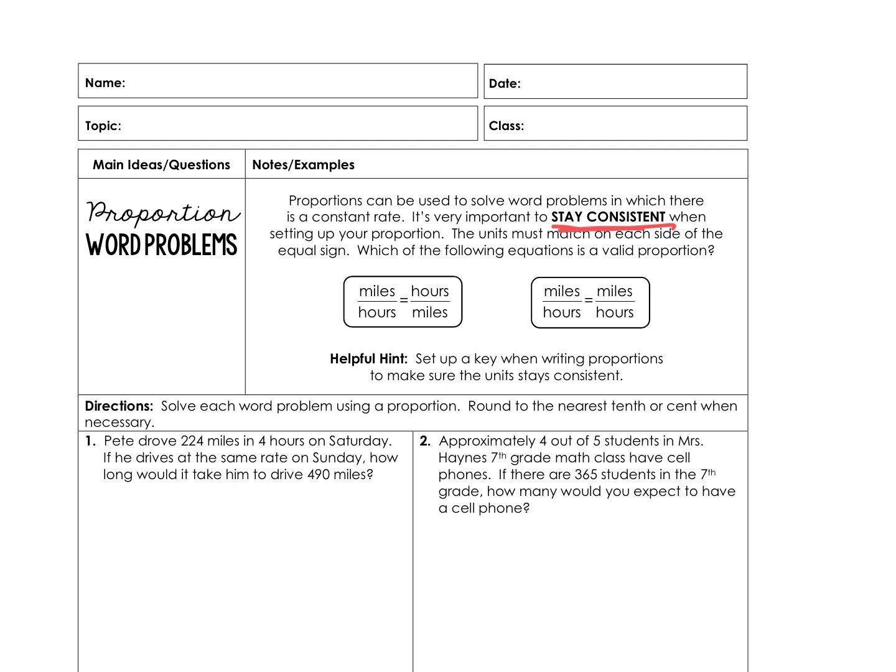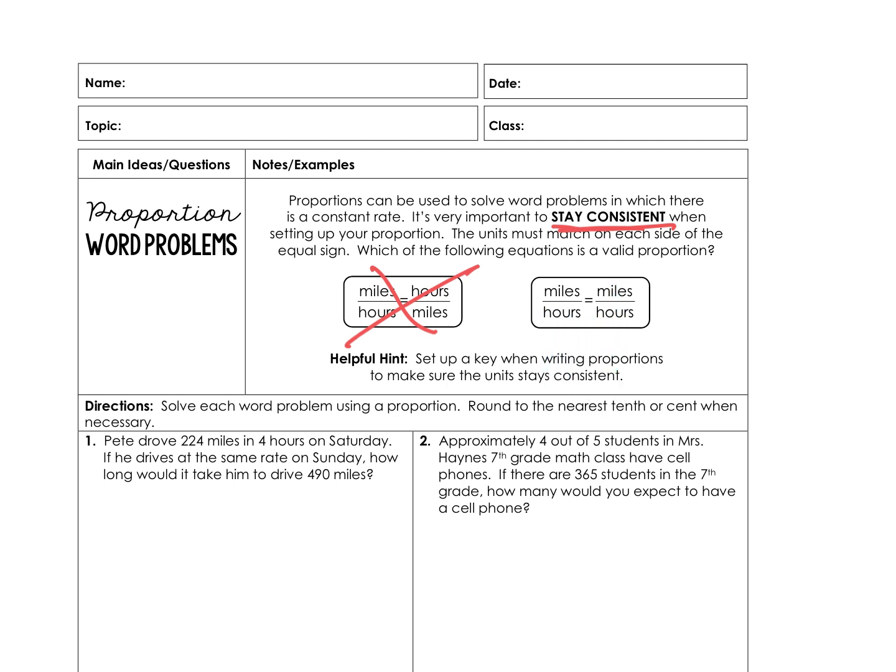So for example, in this first one, we're looking at miles per hour compared to hours per mile. So it's not consistent. Even though we're comparing the same values, notice it's miles compared to hours on top and then hours compared to miles on the bottom. So this would not be the correct way to set up a proportion. Whereas on the right side, we can see that we have miles on top in both rates or ratios, and we have hours on the bottom for both of those.